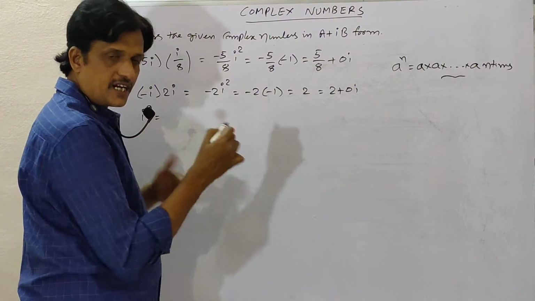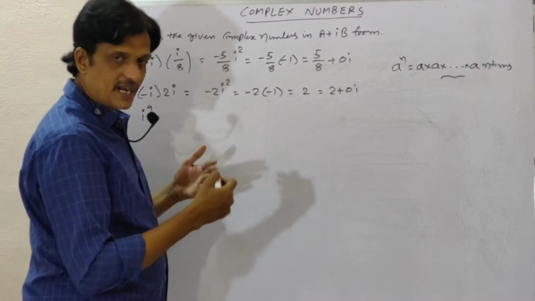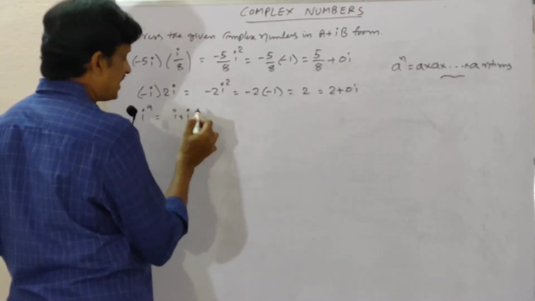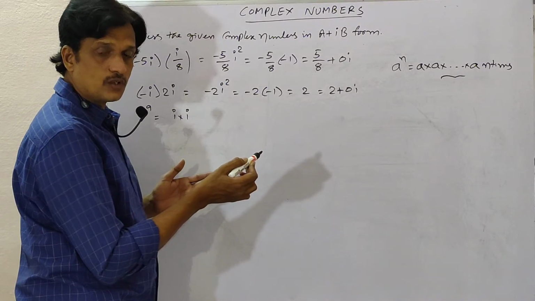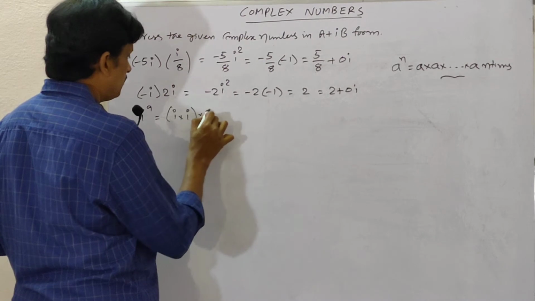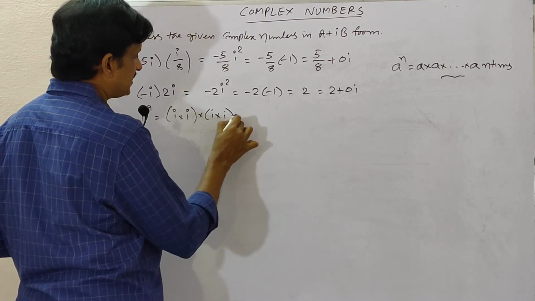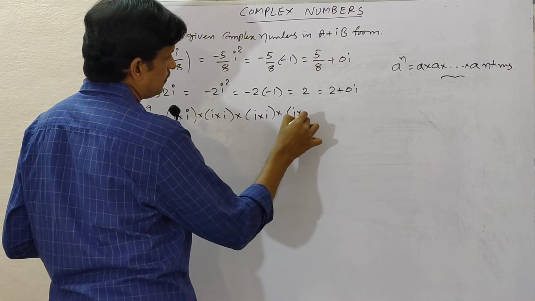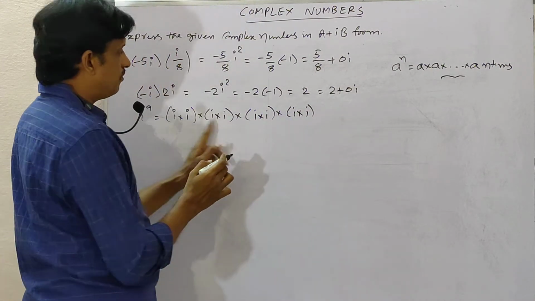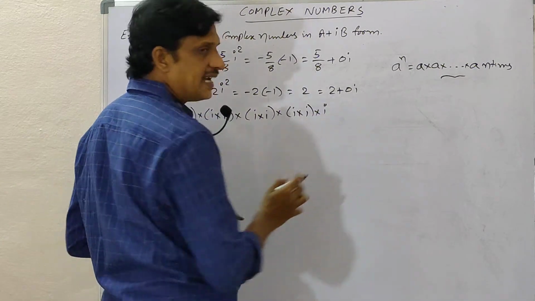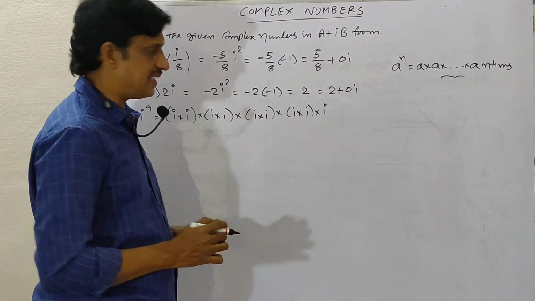Suppose you write, to get the complete idea, here I am writing all these terms. 1, 2. Consider two terms together, because we know the value of i square, that is minus 1. So we are getting 4 pairs, 1, 2, 3, 4, and then we are left with one single i, because i power 9 means 9 i's are there.